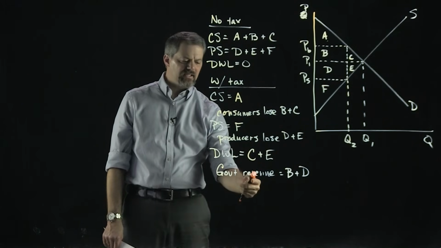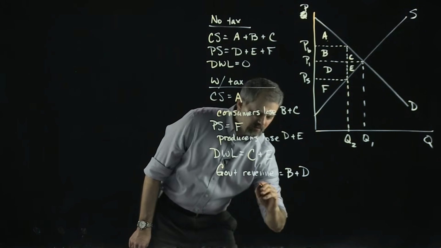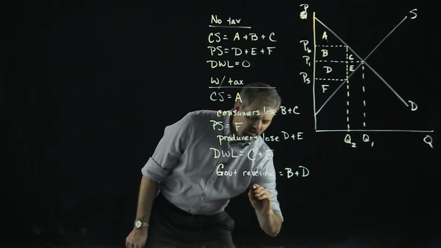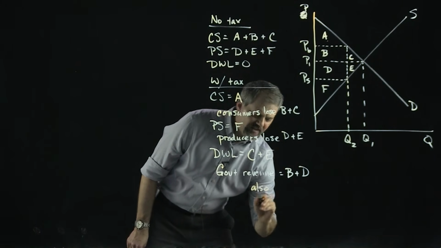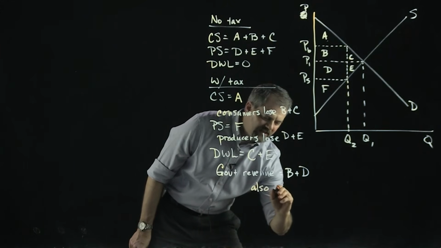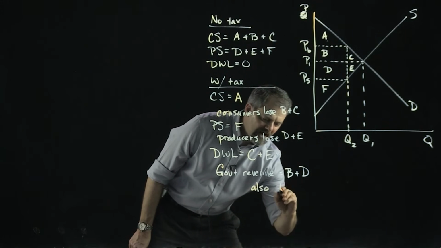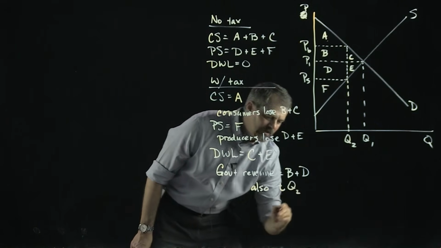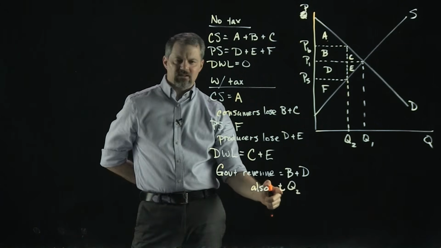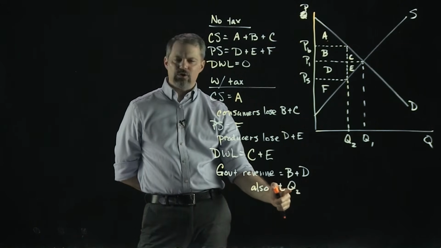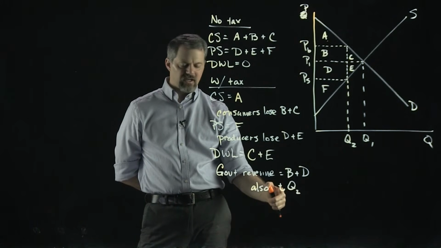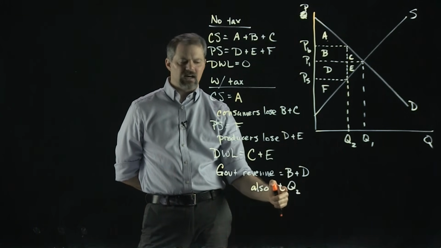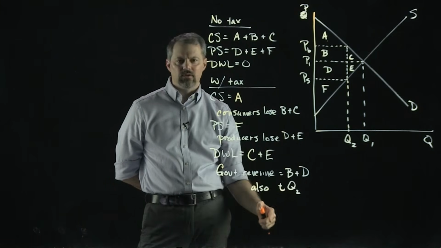There's another way to calculate government revenue. You can easily calculate government revenue by taking the amount of the tax and simply multiplying it by Q2. So if there's a $1 tax and then 25 units get sold, then the government's going to collect $25, T times Q2.